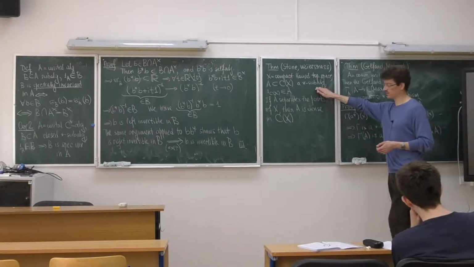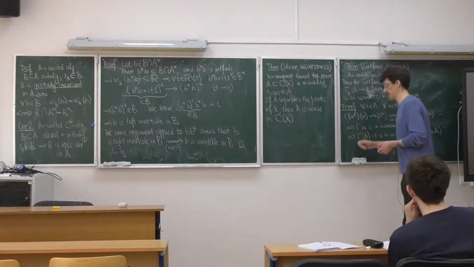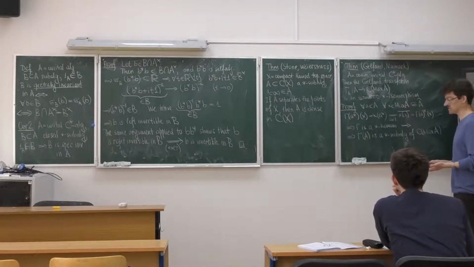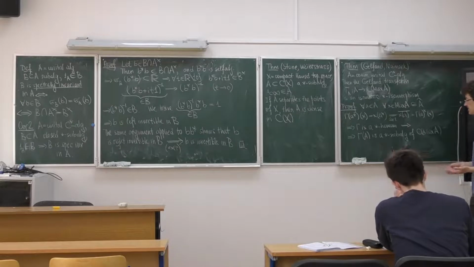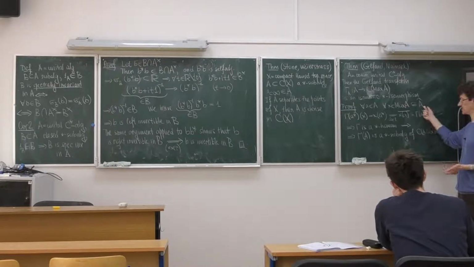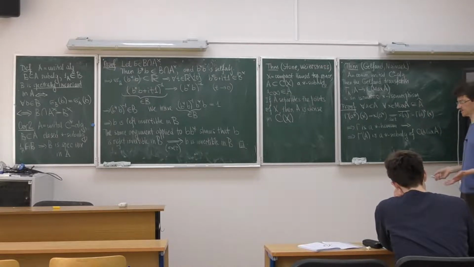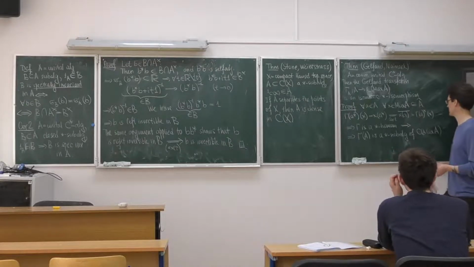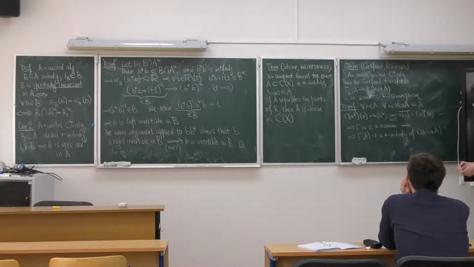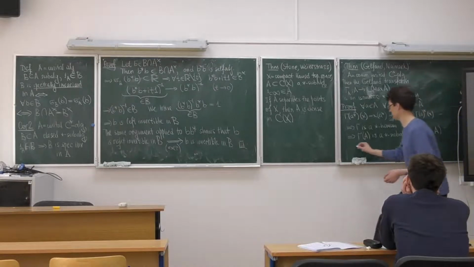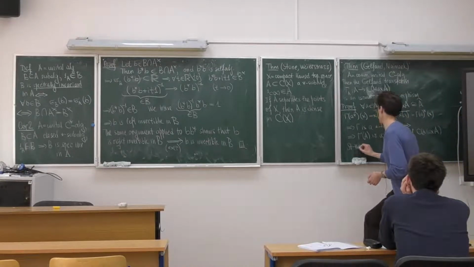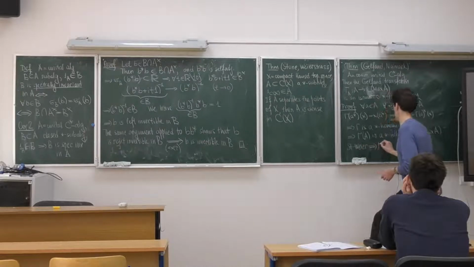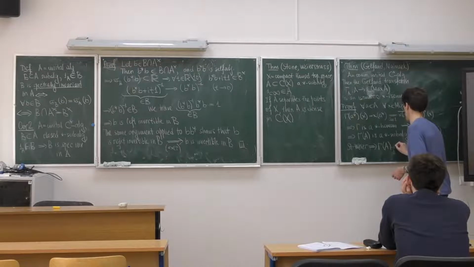It contains the identity because gamma is a unital homomorphism, and it separates the points by the very definition of the Gelfand transform. You have two different points here, two distinct characters, say x1 and x2. Then for some A, x1 of A is not equal to x2 of A, because x1 and x2 are different elements of the same space. And so gamma of A separates the points. And we can apply the Stone-Weierstrass theorem, which implies that gamma of A is dense in the algebra of continuous functions.